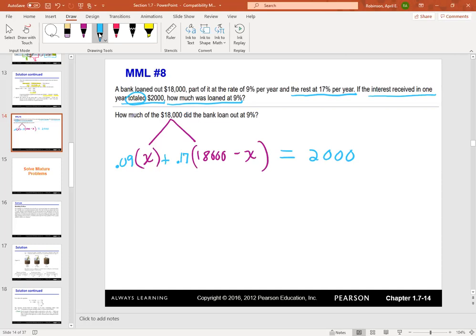I see some distributing in my future. All right. So I'm going to have 0.09x plus, I'm going to distribute the 0.17. That's going to give me 3060. And then distribute it here, and I get a minus 0.17x.